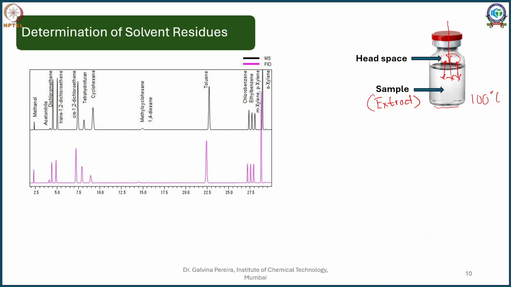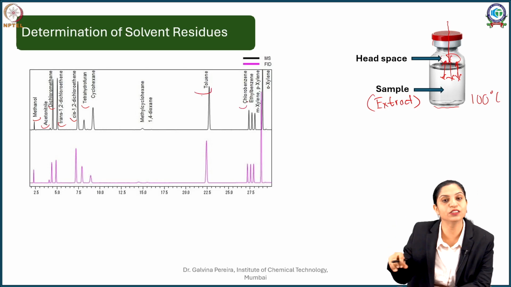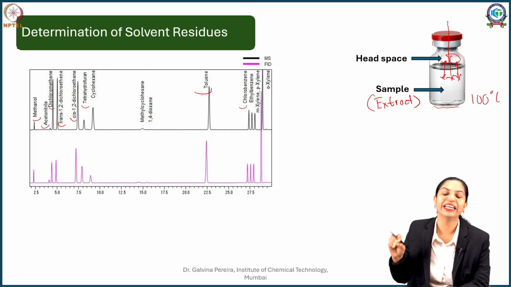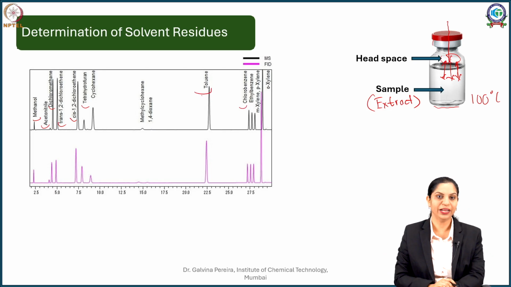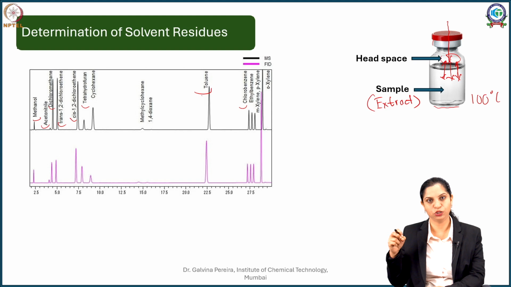Depending upon your boiling point, you can see the different solvents that are present. So whether it's alcohol, or even toluene or chlorobenzene, whatever has gone into that extract can be analyzed using my residual solvent analysis by headspace capturing.